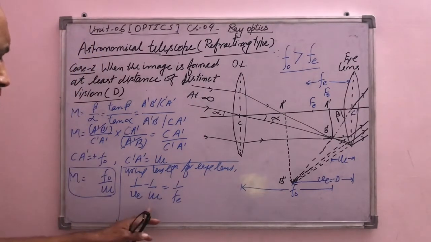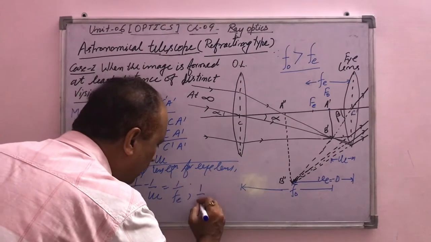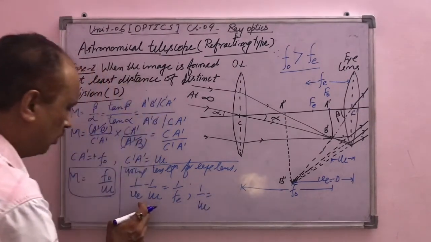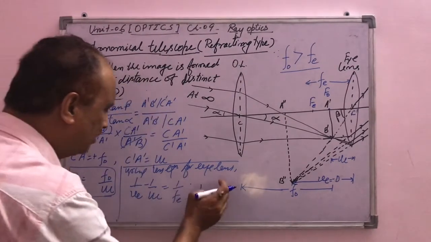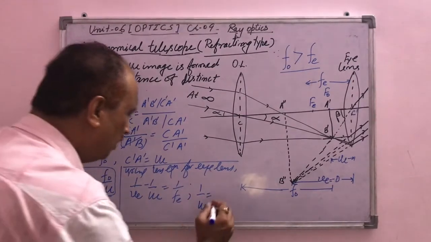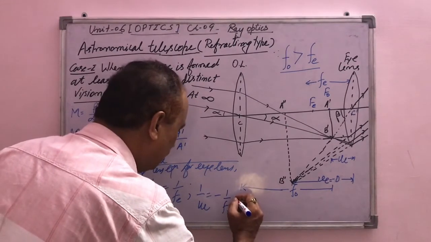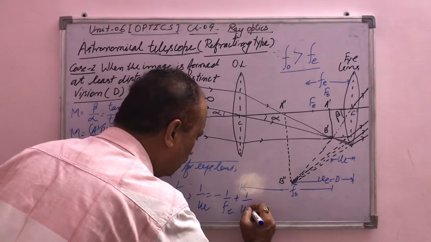From this equation, we have to find the value of 1 upon UE. So 1 upon UE will be equal to minus 1 upon FE plus 1 upon VE.